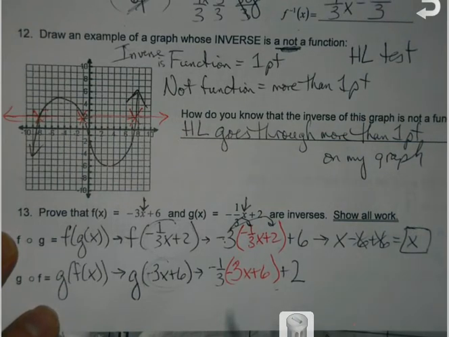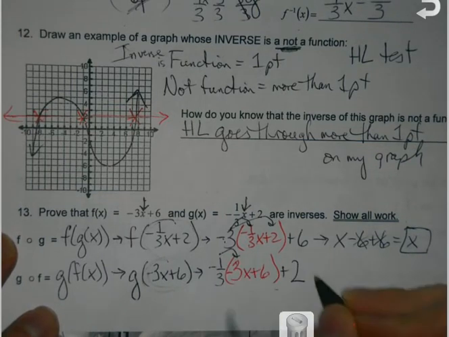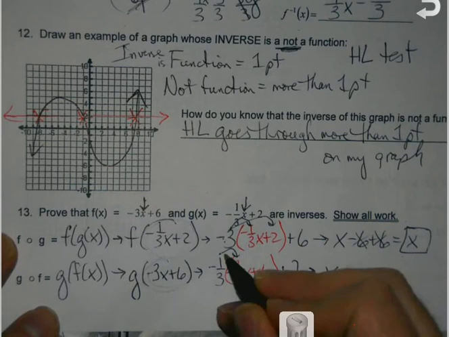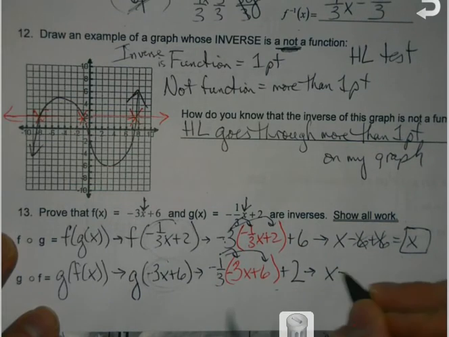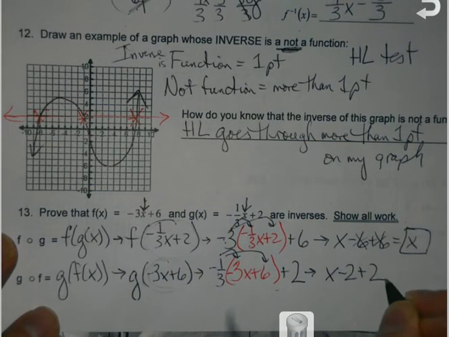Okay, it only replaces the x, but it replaces it. It doesn't times by it or anything else. The x is out and what's in the parentheses is in. Distribute through. -1/3 times 6 is -2 plus 2.